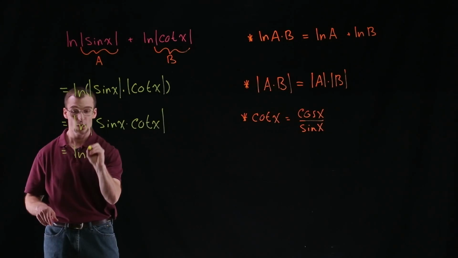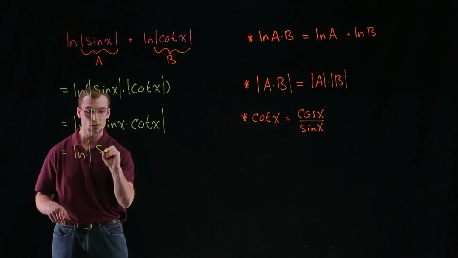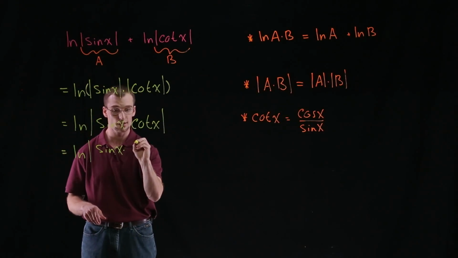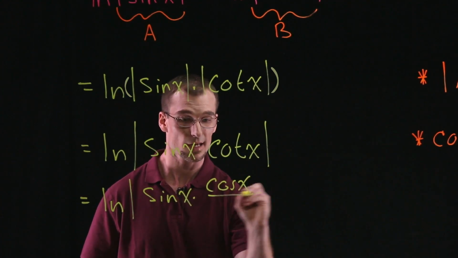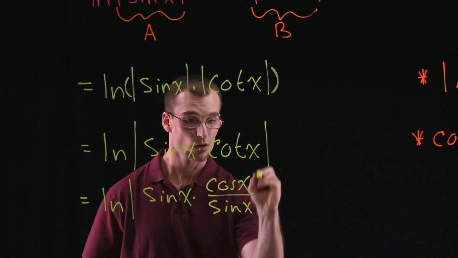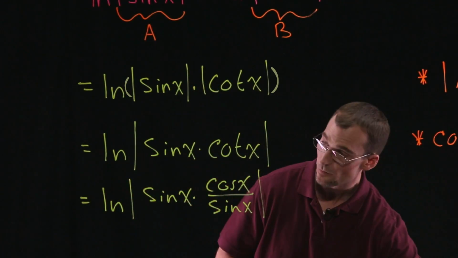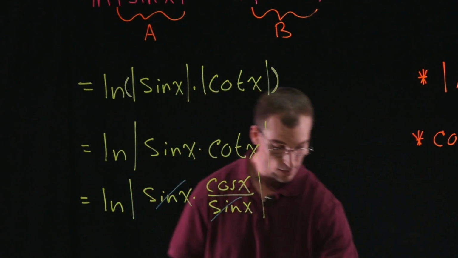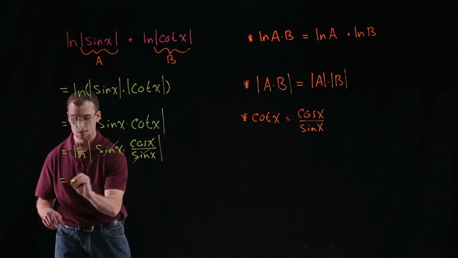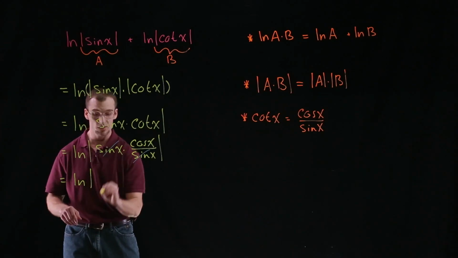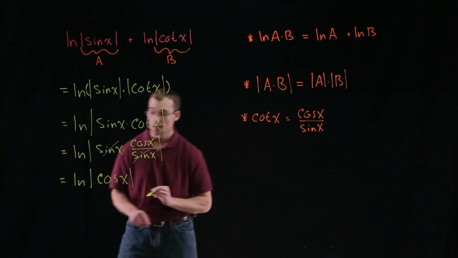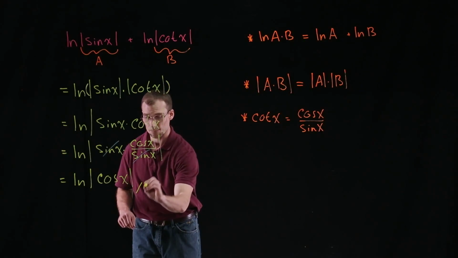So plugging that in, we have natural log of the absolute value of sine x times cotangent x, which we're taking as cosine x over sine x. And of course, we see our sines are going to cancel, and that will leave us with the natural log of the absolute value of cosine x. And we're as simplified as we can be.